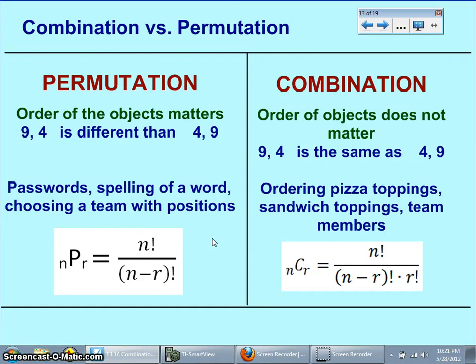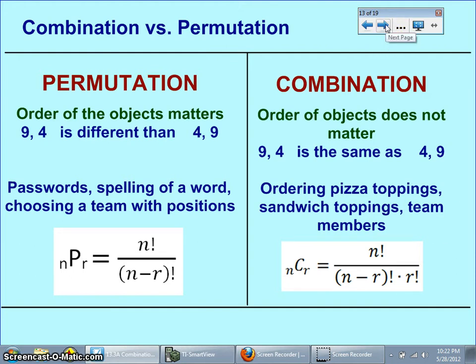You can't have any player play any position in any game of baseball. Whereas a combination is a little less stringent. 9-4 we do count as the same as 4-9, so the order does not matter. Think of pizza toppings, sandwich toppings, and maybe just making team members, where if you get a group of 4 people, it really doesn't matter in which order you arrange their names. There's still a group of just 4 people.